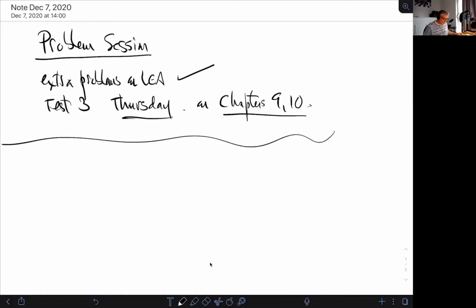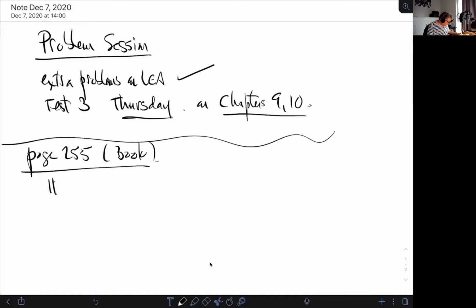So now I'm going to do some problems from the book. Let's take a look at this. This is on page 255 in the book. Let's start with a couple of back substitutions.